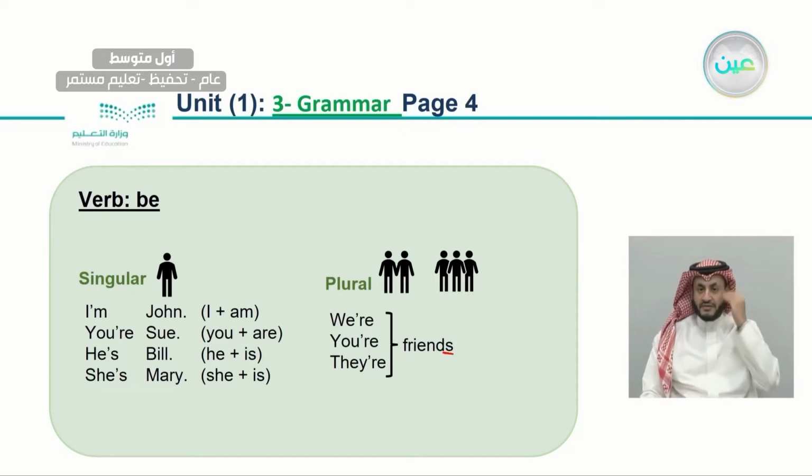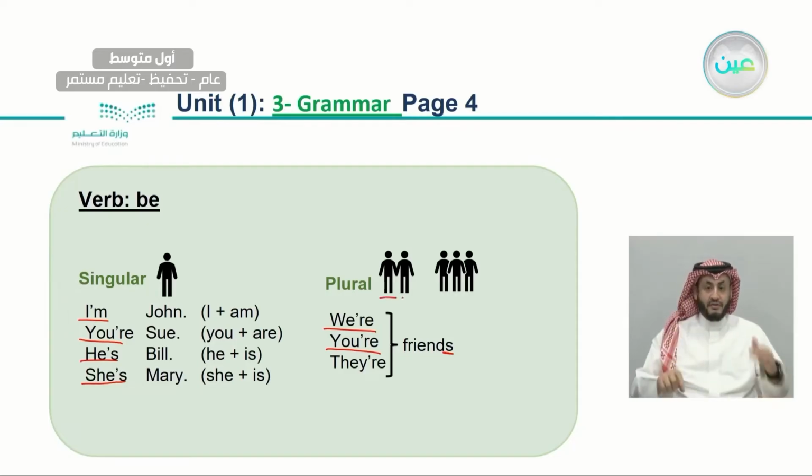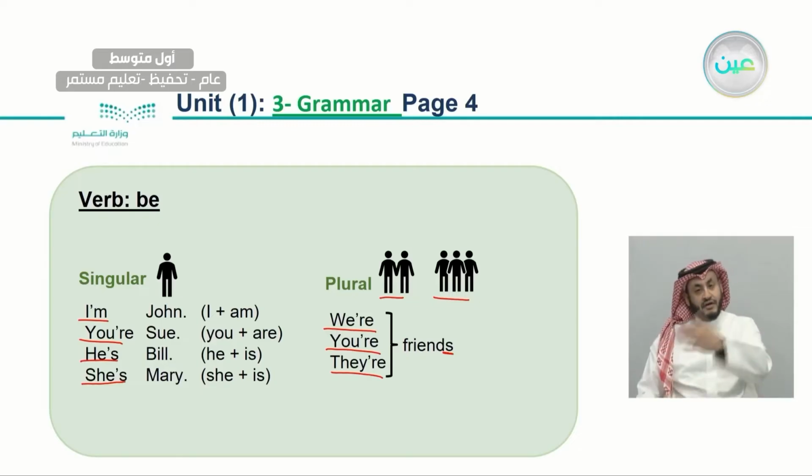Okay? So again, we use I am for one person, you are also for one person, he is and she is for only one person. We are for a group of people, you are for a group of people. It might be two or more, and they are also for a group of people.